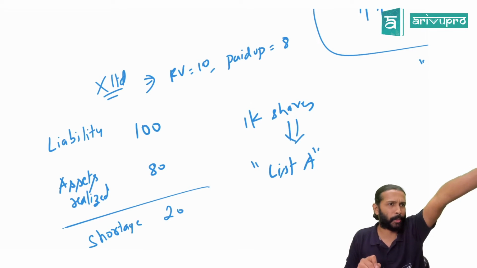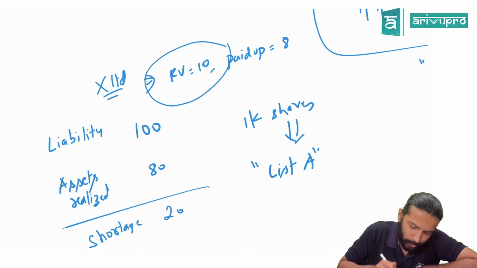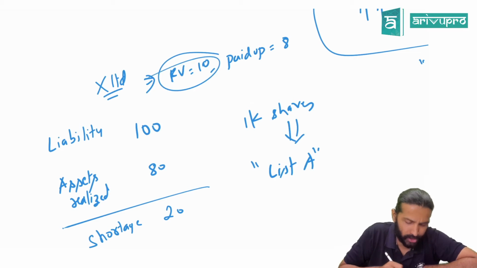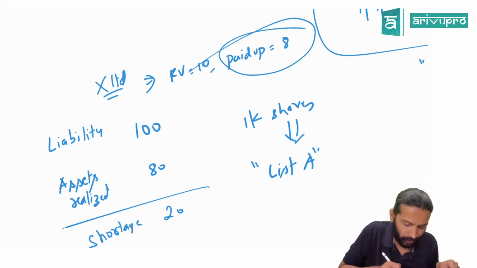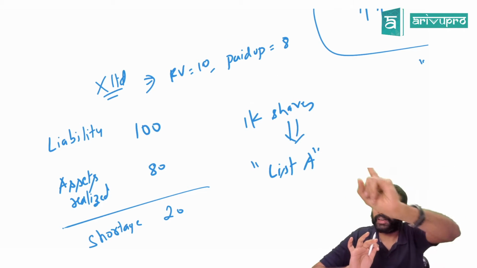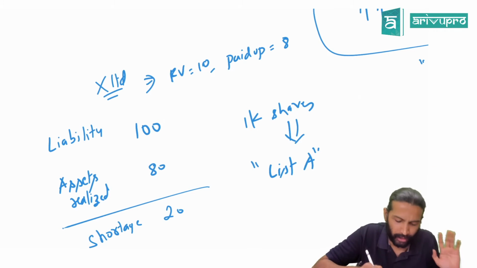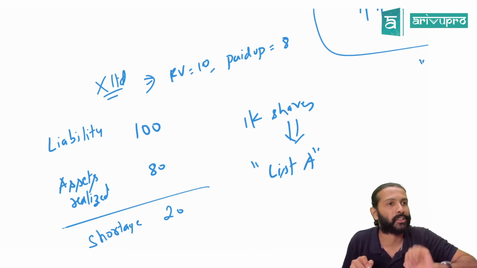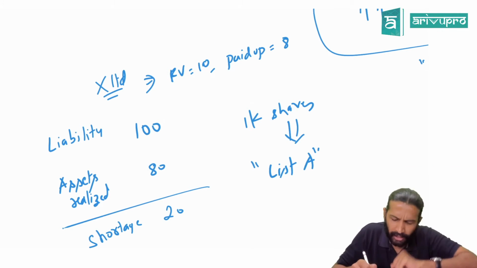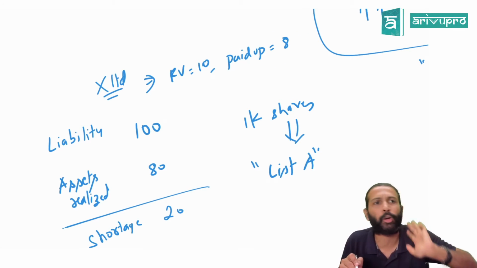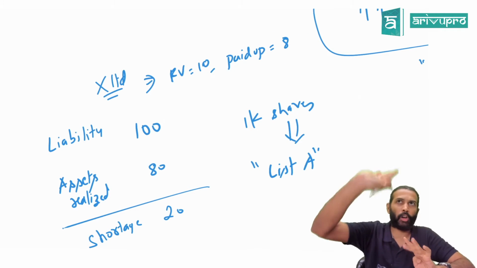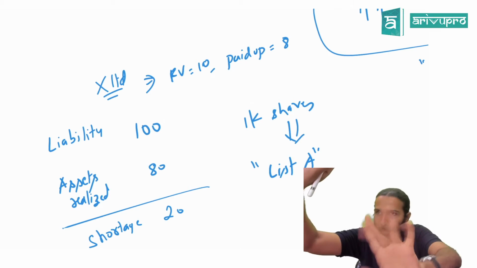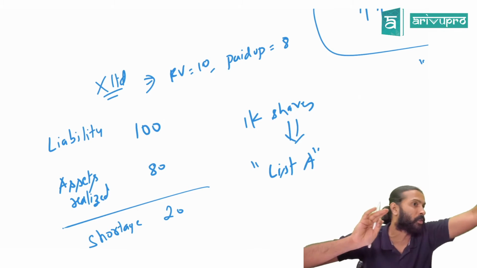List B means previous member. When the previous member was a shareholder, what was the face value of the share? 10 rupees. What is the paid up value? Still 8. Sir, when he was a member, what was his liability on one share? 10 rupees. Had he paid 10 rupees or only 8 rupees? The company would have already told him, I've only asked 8 rupees till now. If I want, I will ask 2 rupees more from you.